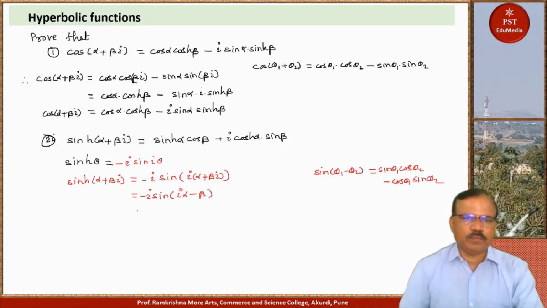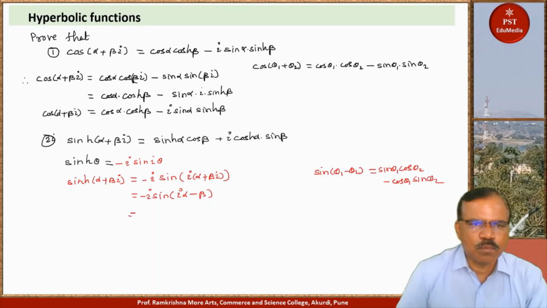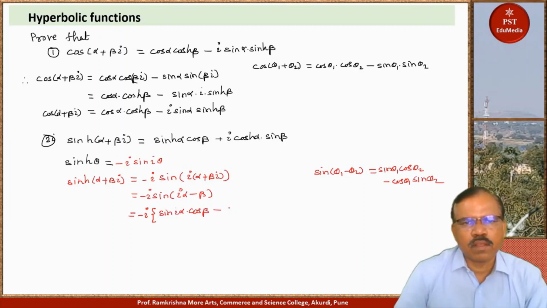We know this identity. So we can write this as minus I in bracket, we can take sin I alpha into cos beta minus cos I alpha into sin beta, using this identity.